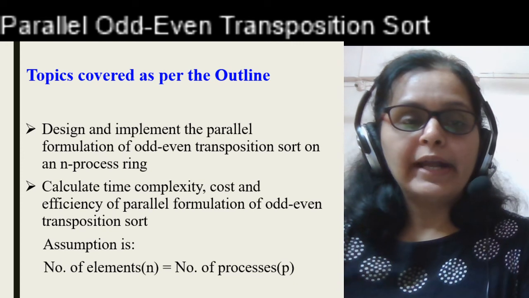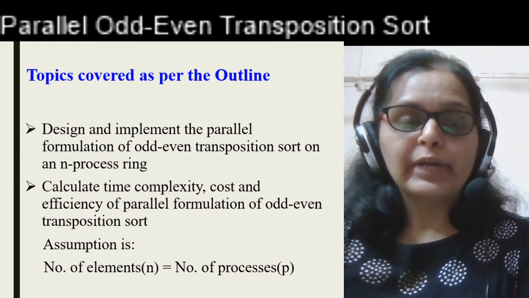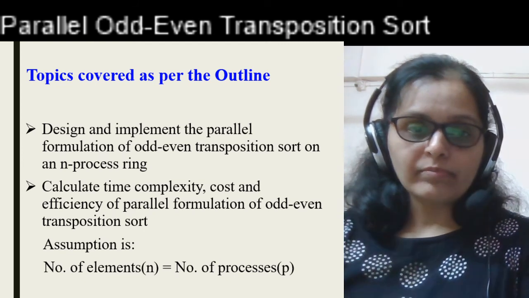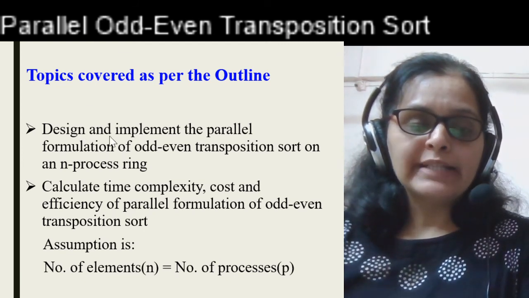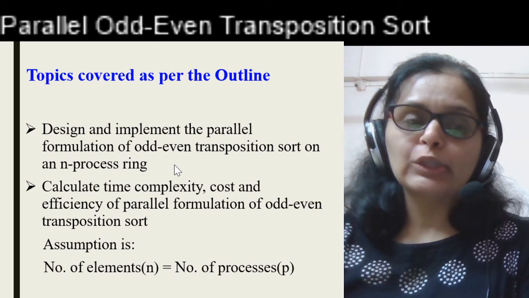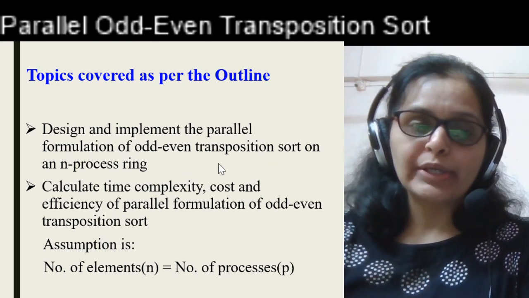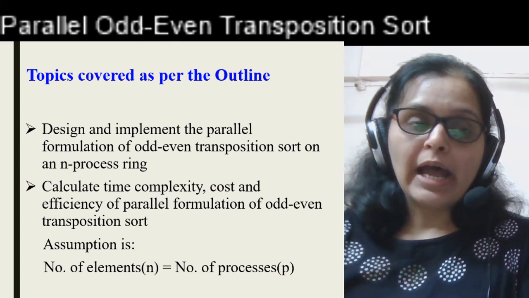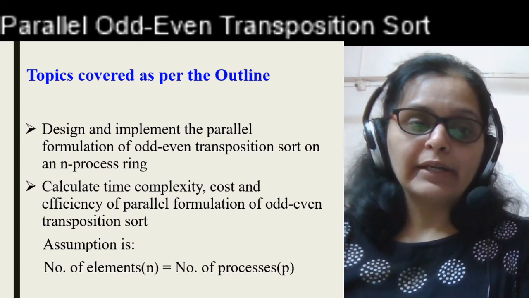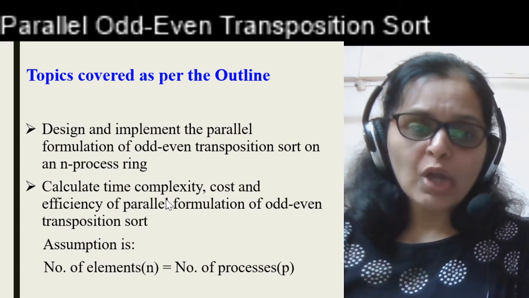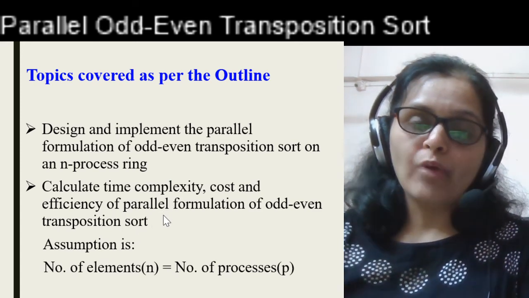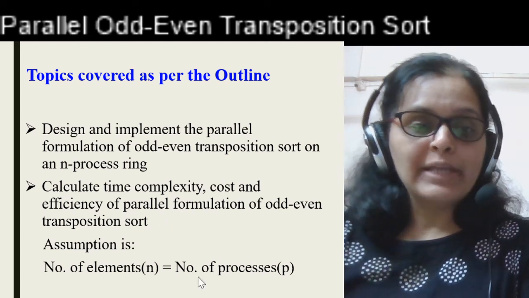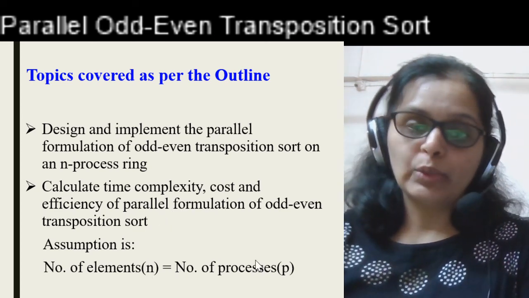So that is the end. Before ending, the topics covered as per the outline are like this. Design and implement the parallel formulation of odd even transposition sort on an n process ring. Now you should be able to do this. And next, calculate the time complexity, cost, and efficiency of the parallel formulation of odd even transposition sort based on the assumption n is equal to p.